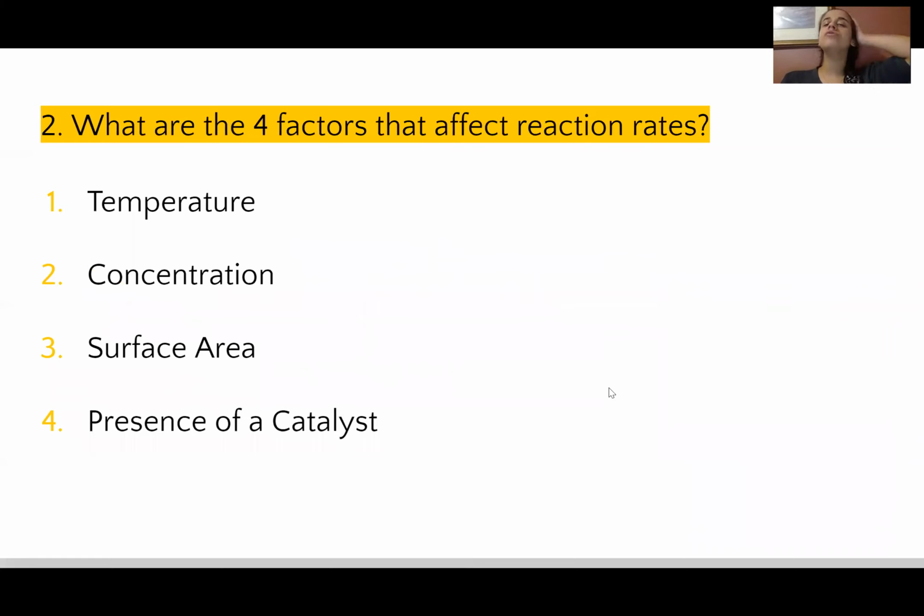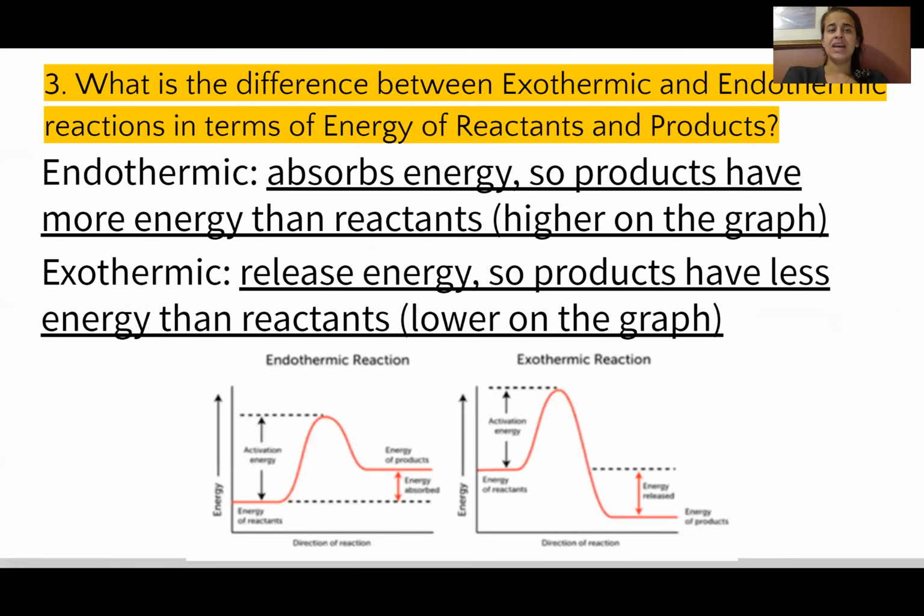Question 2, so what are the 4 factors that we discussed that affect reaction rates? These can be in any order. The order doesn't matter. So temperature, concentration, surface area, and presence of a catalyst. And then finally, what is the difference between exothermic and endothermic reactions in terms of energy of reactants and products?